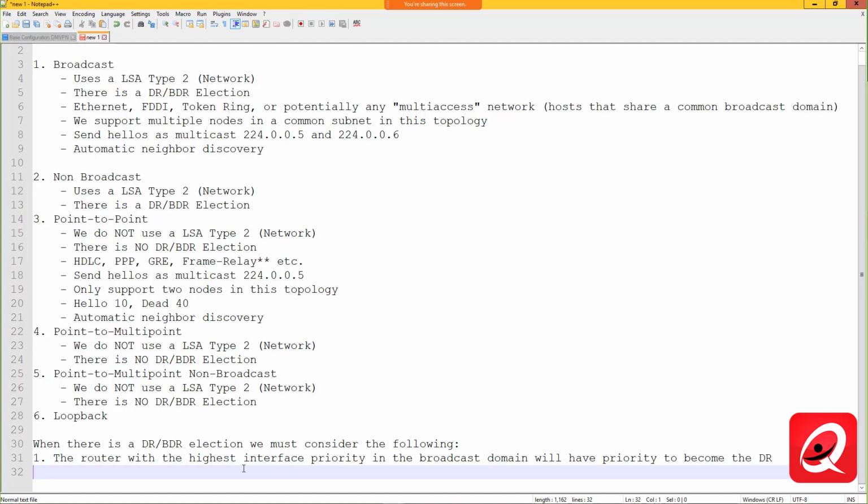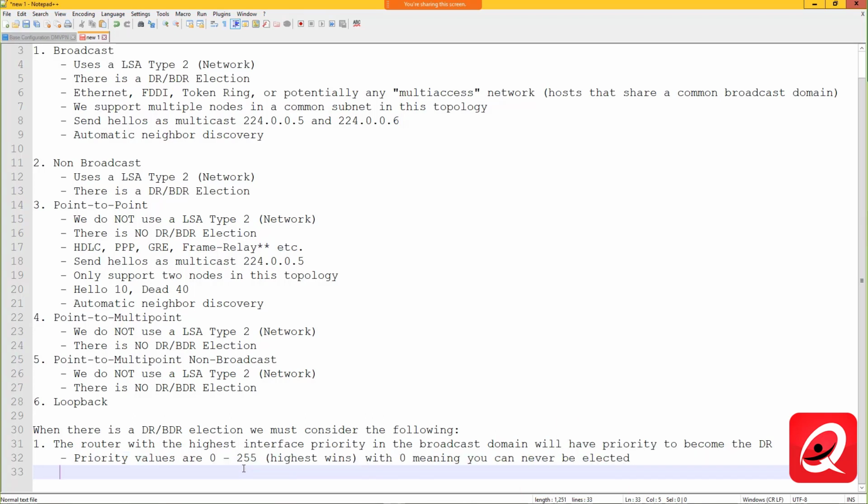Okay? Now, that being said, priority values are 0 to 255 and highest wins, with 0 meaning you can never be elected. This is what we talked about in our last lesson.